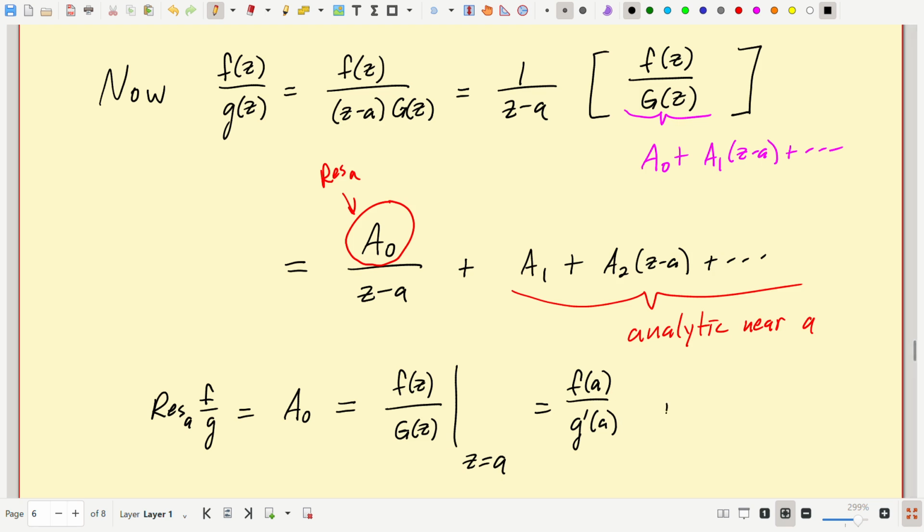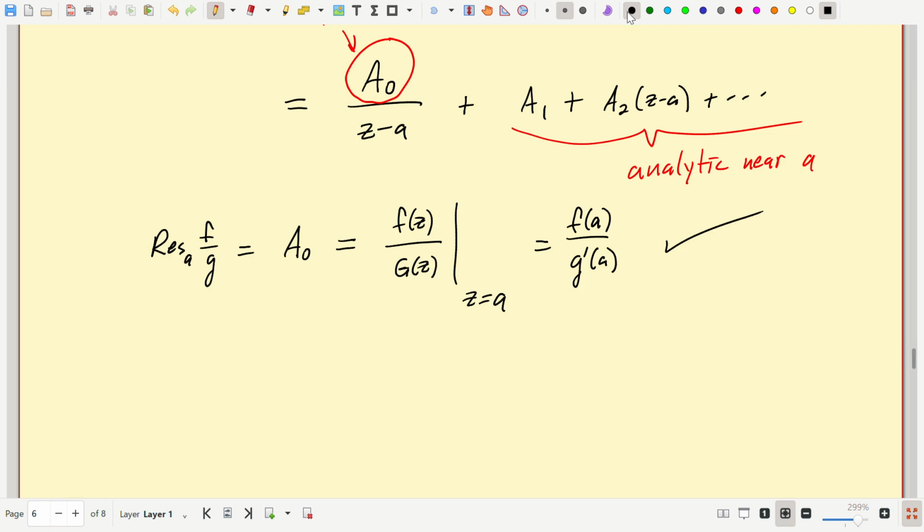And so check. That's all there is to it. That simplifies that calculation. So now I don't have to do this power series game again. I don't think the book makes a big enough deal about this fact.